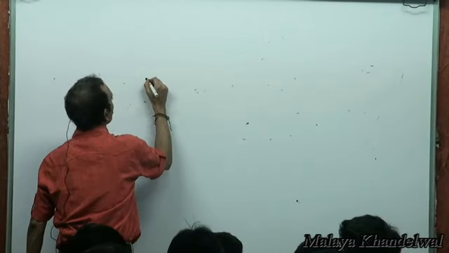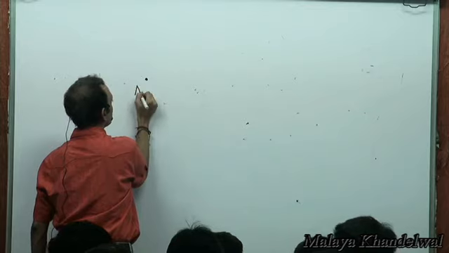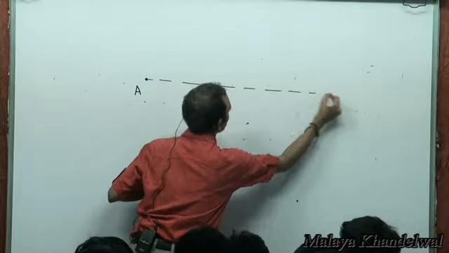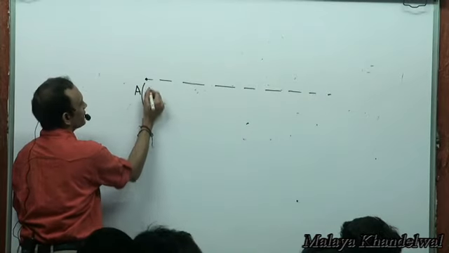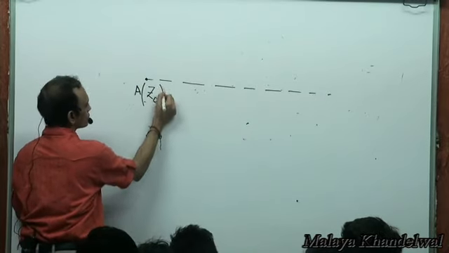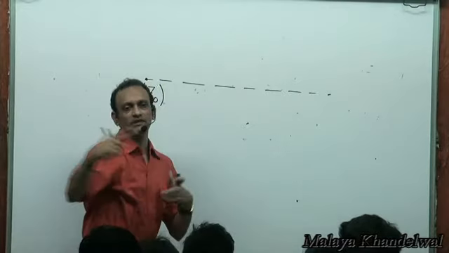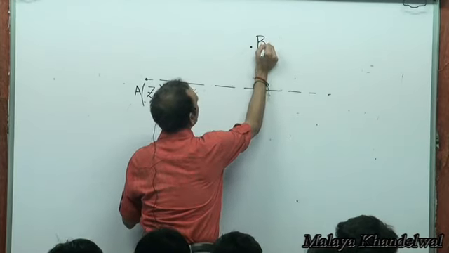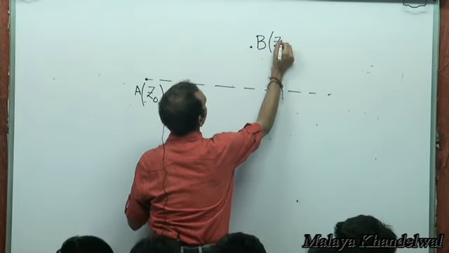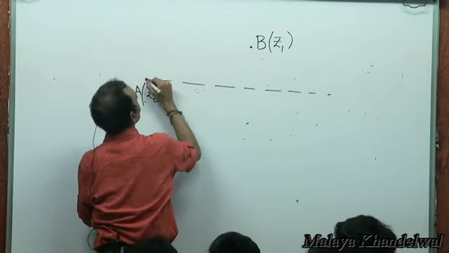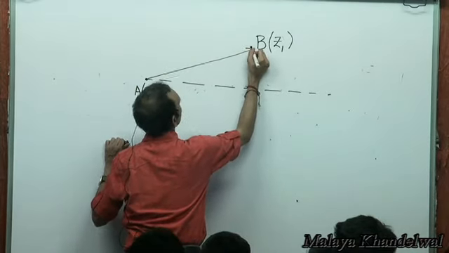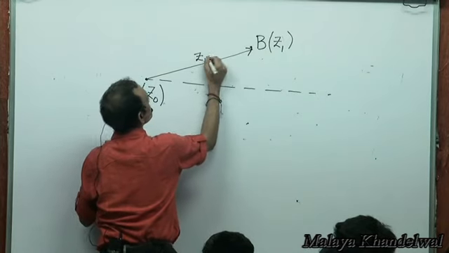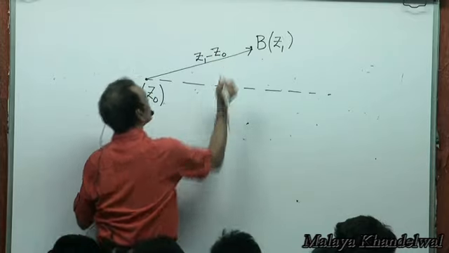Now, suppose there was a point A. Say this was a line parallel to the x-axis, and A had position vector z0. This is a quick recap of something that I did earlier, the rotation aspect. B has position vector z1, and this then would be the vector z1 minus z0.